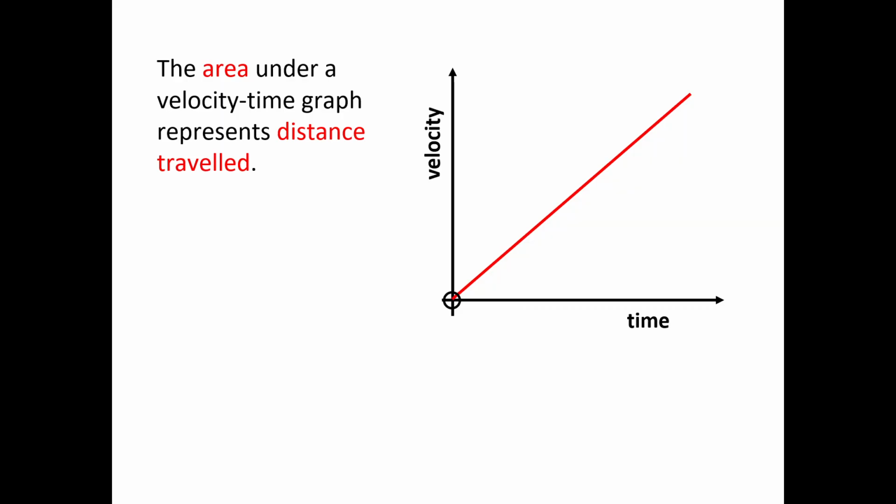And the area underneath a velocity time graph represents the distance traveled, okay? So shown there by the green shaded region. So that's two things you can do. You can look at the slope or the gradient, which will give you the acceleration, and then you can look at the area underneath the line or graph, and that will give you the distance traveled.